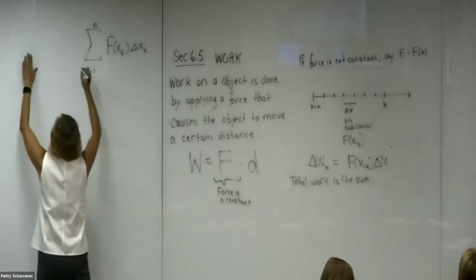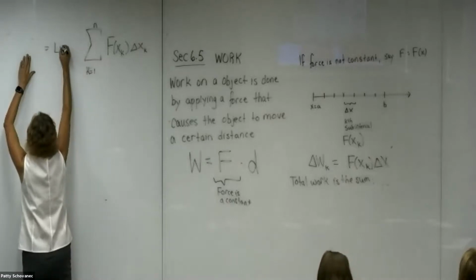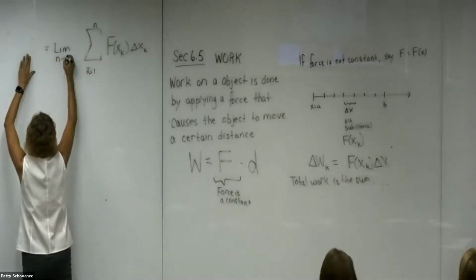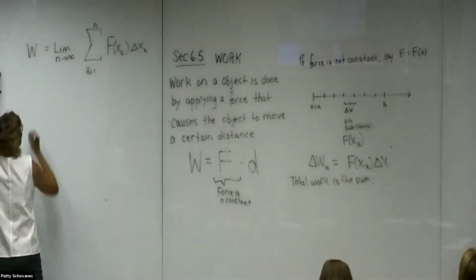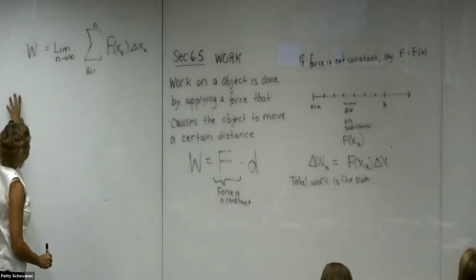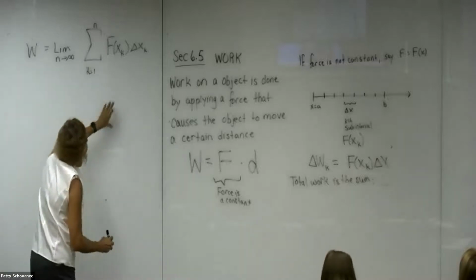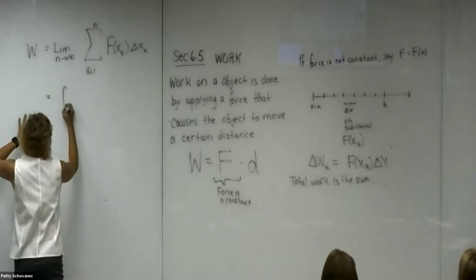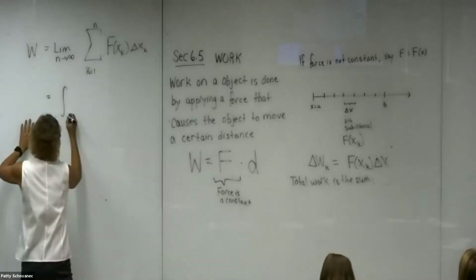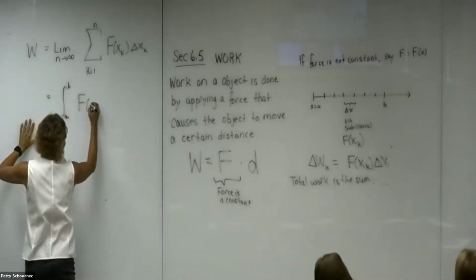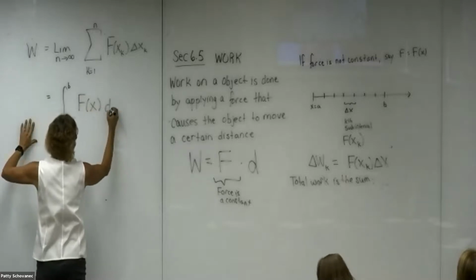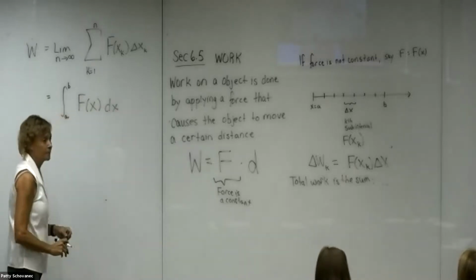Now we squeeze in that limit. As the size of the subinterval gets small, we're making an infinite number of subintervals. And we've seen that this becomes a definite integral then, that has the same shape as that. Going from x is a to x is b, the force is a variable function integrated with respect to x.